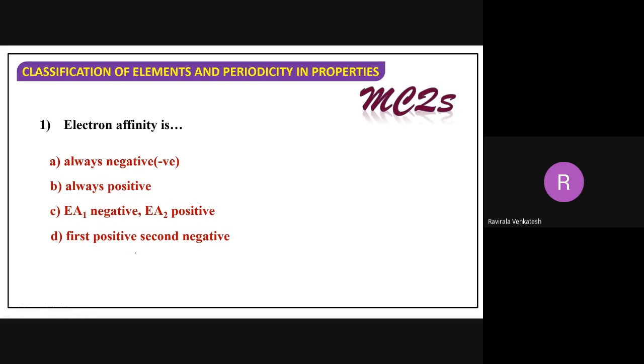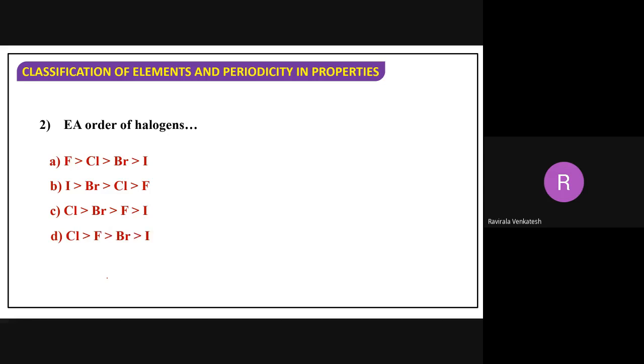Now answer this one. Electron affinity is always negative, always positive. First negative, second positive; first positive, second negative. Tell me which is the correct one? First negative, second positive. Option C. Right. Now can you say which is the correct order here? Which option is correct? D. Very good.